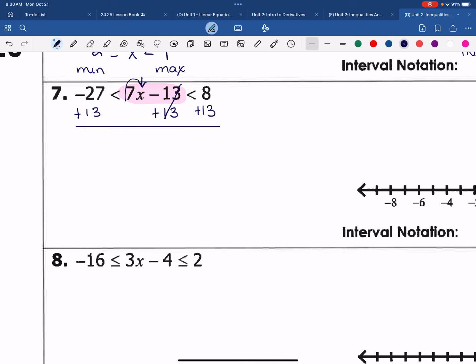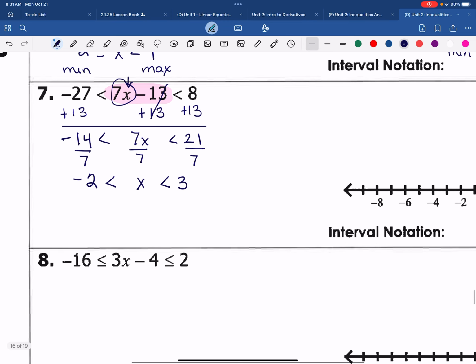So I have a 7x remaining. I bring down my inequality symbols. 8 plus 13 is 21. Negative 27 plus 13, different signs, so I need to take the difference. I get negative 14. I'm going to go ahead and divide everything by 7 because that's my next step to get x by itself. And I end up with x is less than 3, x is greater than negative 2.